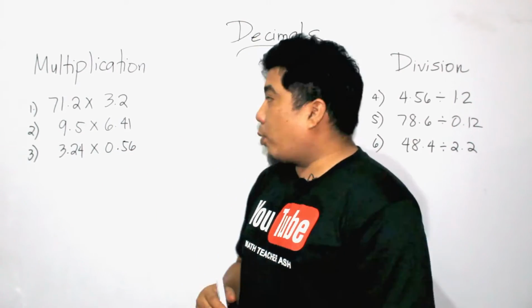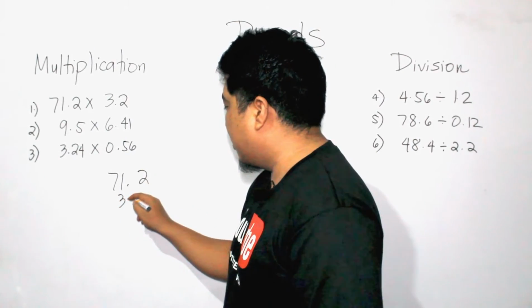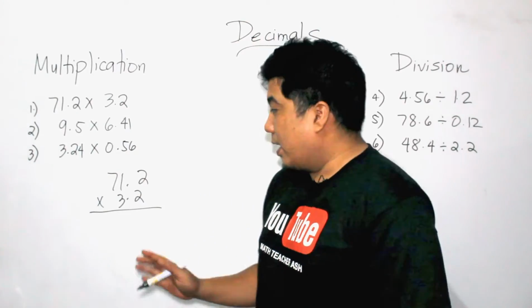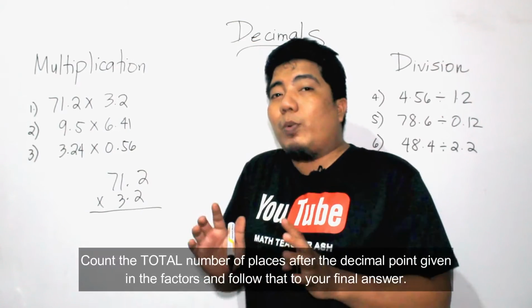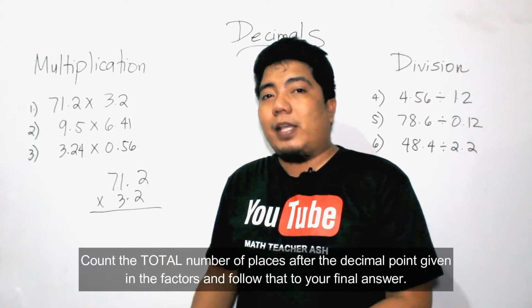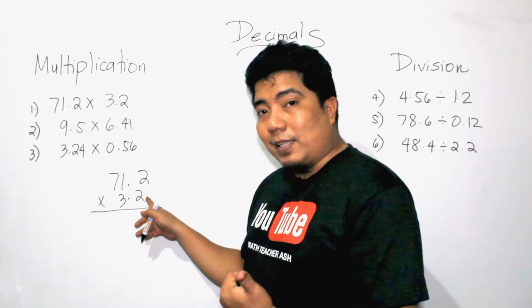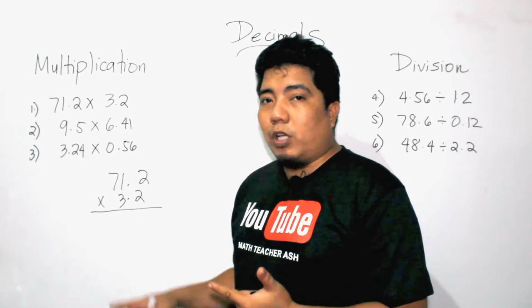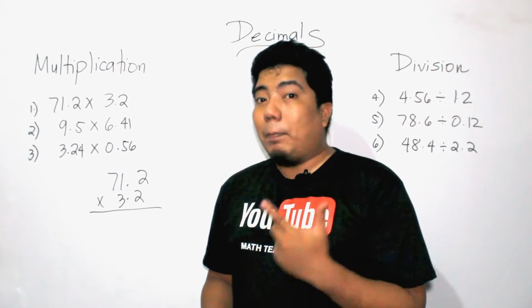You align them before multiplying. However, the decimal point here will not follow the decimal place. What you will do is count how many decimal places are available. There is one decimal place, the tenths, and another decimal place, also the tenths. So our final answer will have 2 decimal places.